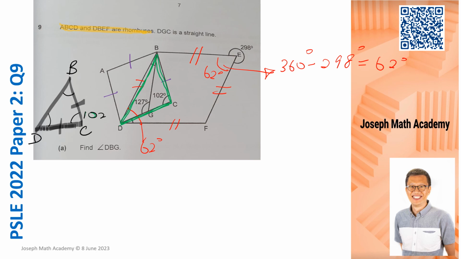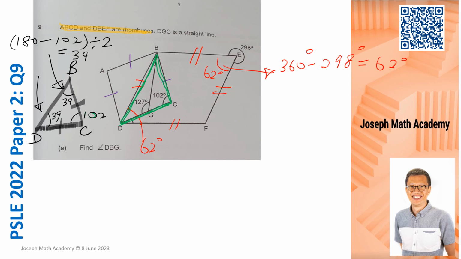I can find these two angles here, and these two should be the same, by using the property sum of angles in an isosceles triangle: 180 degrees minus 102 degrees, whole thing divided by 2, and it should give us 39 degrees. So this is 39, this is also 39.